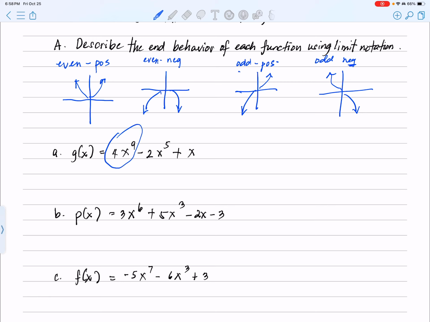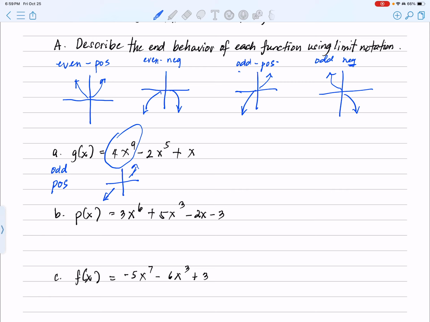So we have an odd degree and it is a positive leading coefficient. So a combination of odd and positive. That means our figure would look like this. The right rises up, and the left falls down.